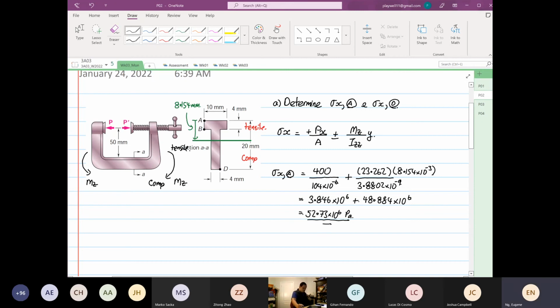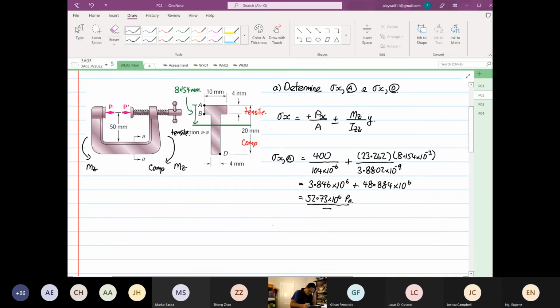Then the next thing we're going to find is our stress X at point D. The axial load is the same, so I'm just going to put in positive 3.846 times 10 to the power 6. At point D, the bending is going to induce compression, so minus 23.262.